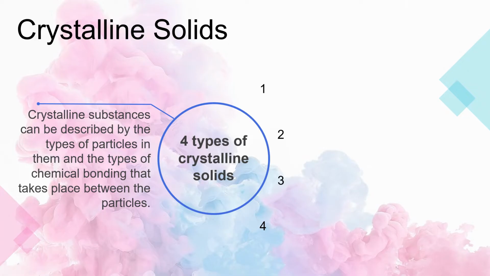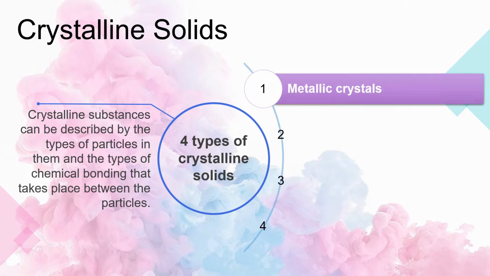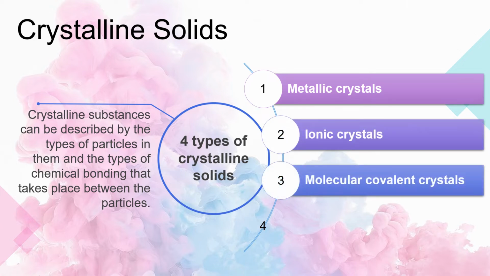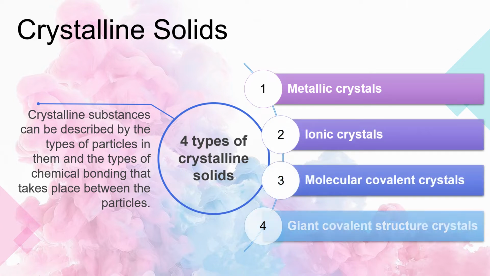Crystalline solid can be described by the types of particles in them and the types of chemical bonding that take place between the particles. There are four types of crystalline solid: metallic crystal, ionic crystal, molecular covalent crystal, and the giant covalent structure crystal.